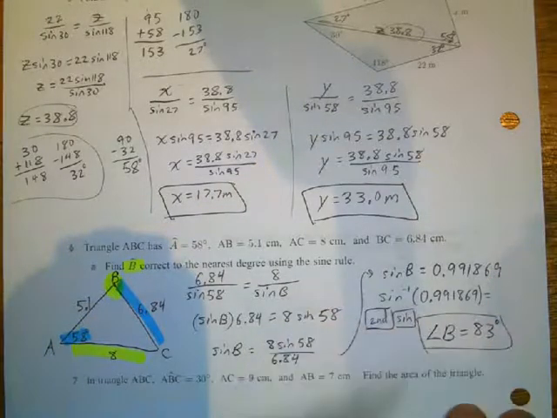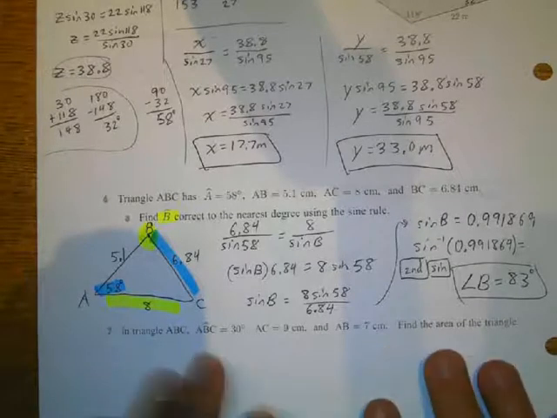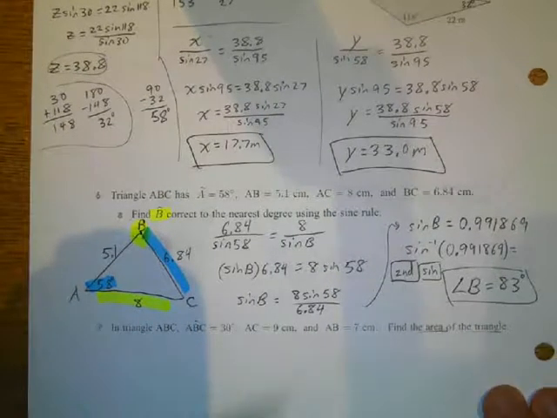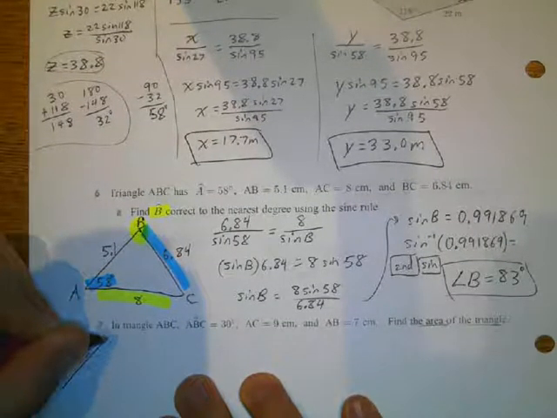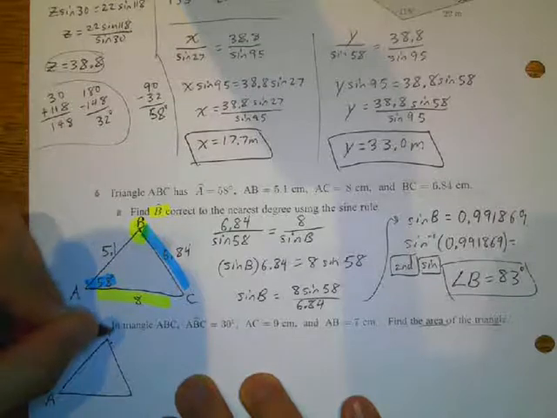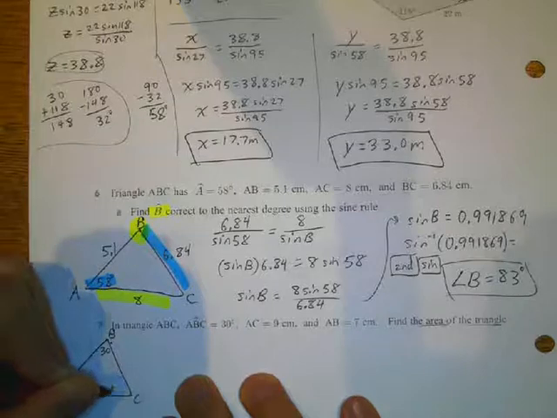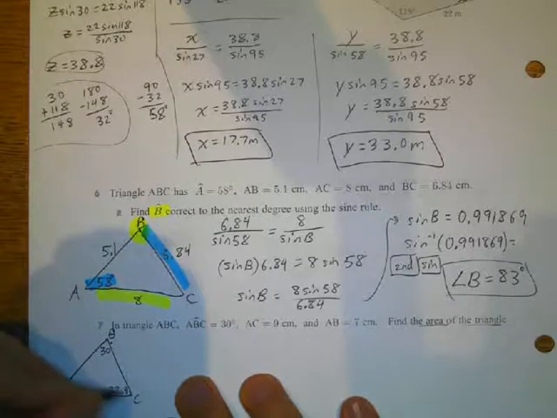Okay, last question. We want to find the area of the triangle here. With this information here, you've got A, B, C, 30, 22.9, and, oh, actually we don't know that yet.